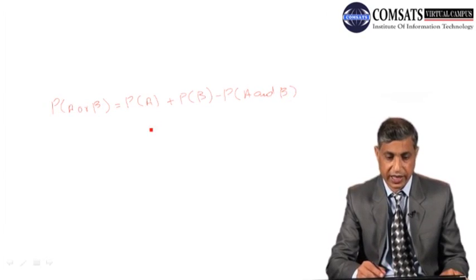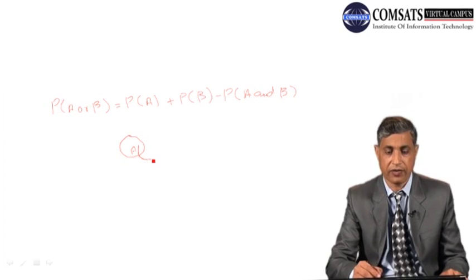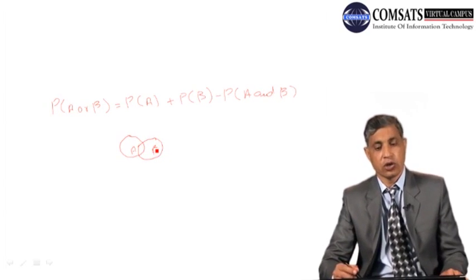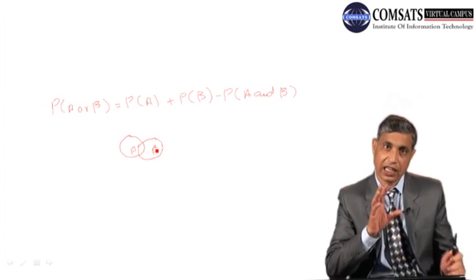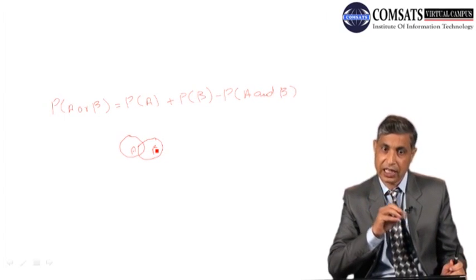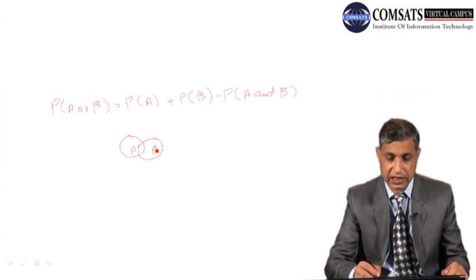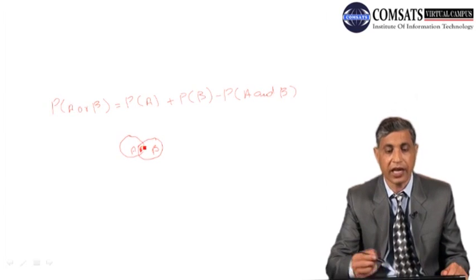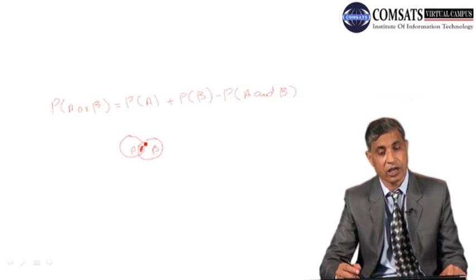If I want to show it with the diagram, you can see this is event A, and now you can see there is some overlapping with B. This is event B. So now you can see there are two probabilities, event A and event B, and if I color this, this is the probability that both can occur.